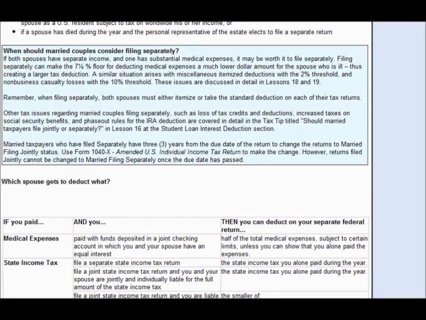Married taxpayers who have filed separately have 3 years from the due date for the return to change the returns to married filing jointly status. To do this and amend anything, always use Form 1040X.